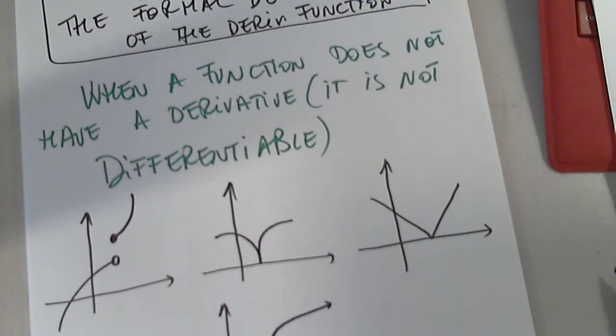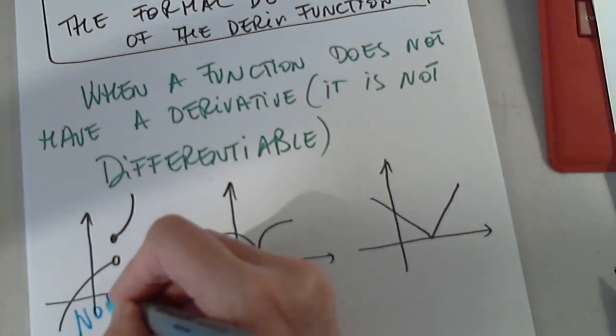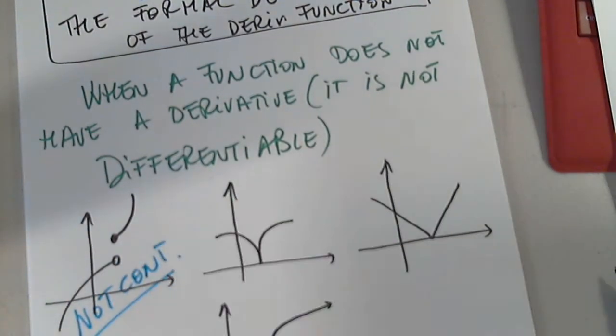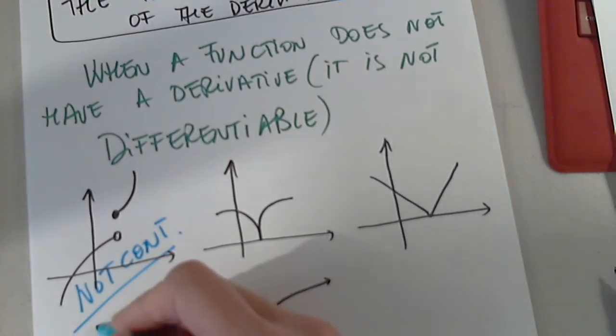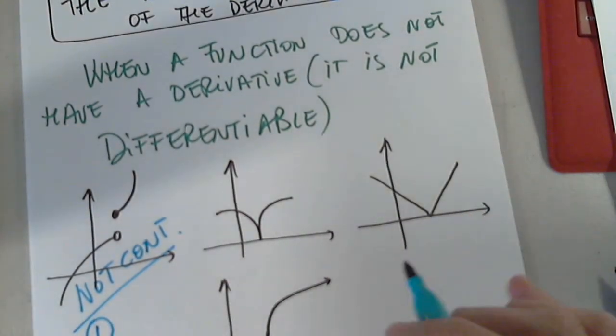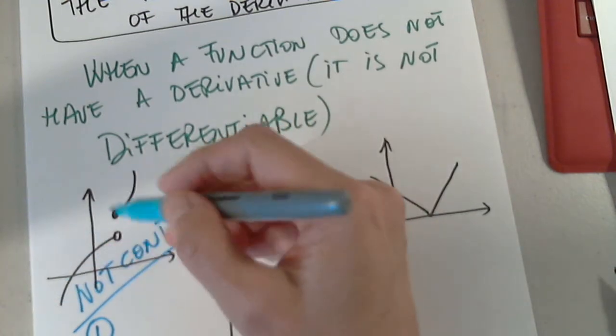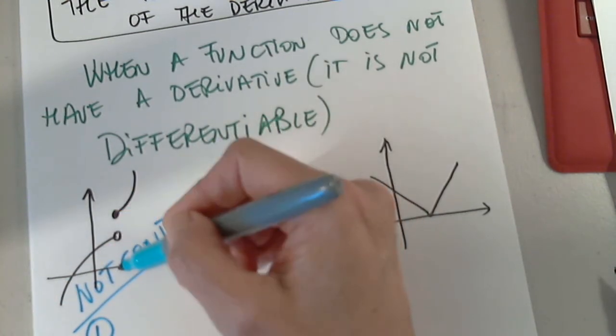Here's the first one, not continuous. If a function is not continuous at a point, it cannot be differentiable at that point. That's situation number one. Not differentiable. It's differentiable everywhere else, but it's not differentiable at this point.